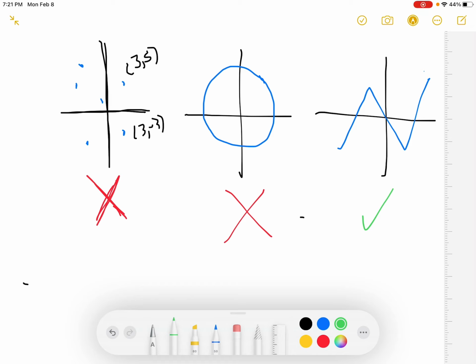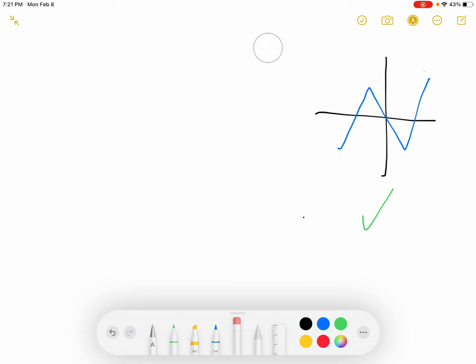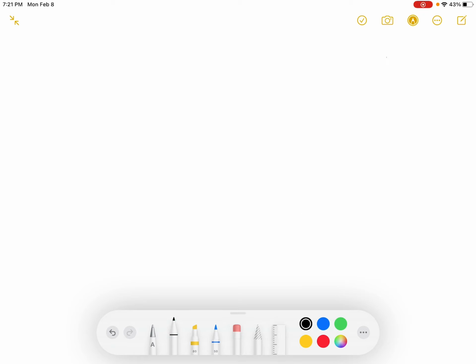But now we need to actually do some math. So let's put this ruler thing away. So sometimes you need to find functions, and the functions will have an f(x). Hopefully you remember this. Okay, so f(x).